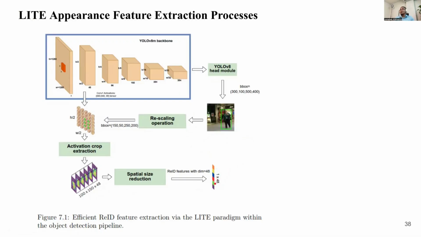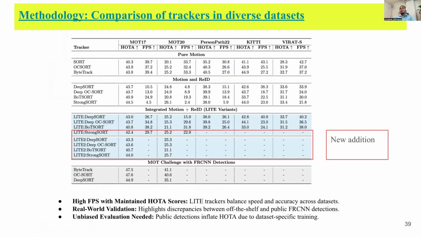Now the question is, does it work, right? Now we have to check if it works. So we ran a couple of experiments for that. What we found is, these are motion and ReID based trackers, so these two sub-tables are what we should focus on. If you see, the HOTA score doesn't change, right?